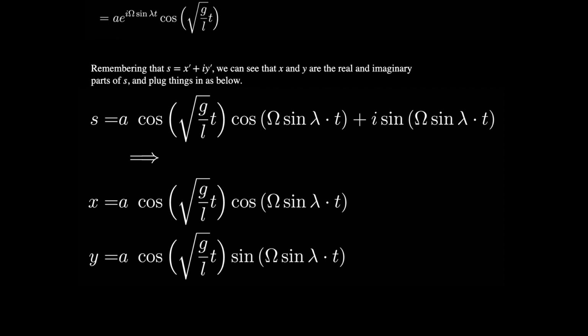But notice that e to the i some angle is cosine of an angle plus i sine of an angle. And by gosh, there it is, we've got that, which is exactly what we had before. So we've got x and y sticking out right there.